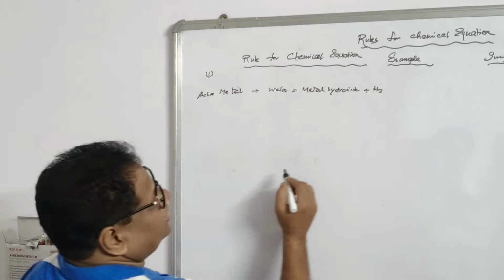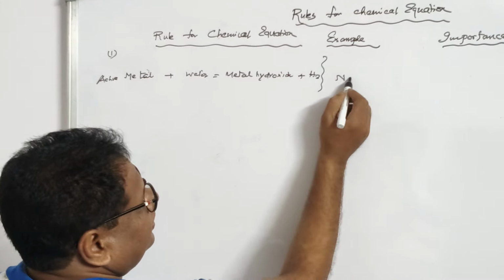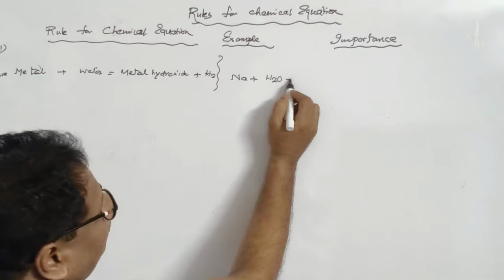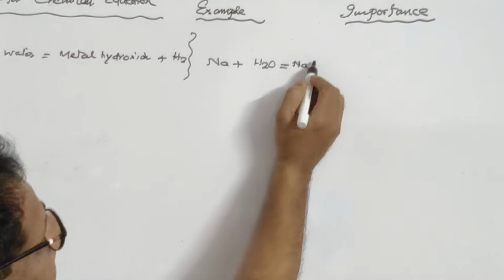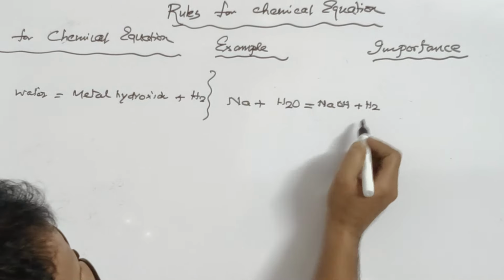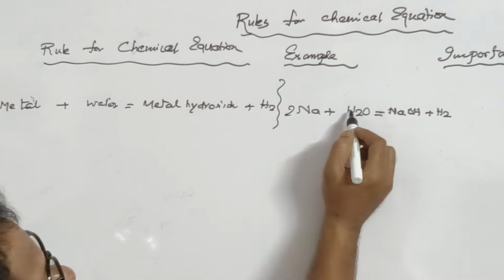So under this we can give an example that if sodium reacts with water, it forms sodium hydroxide, liberating hydrogen, right? And what is the importance of this equation?